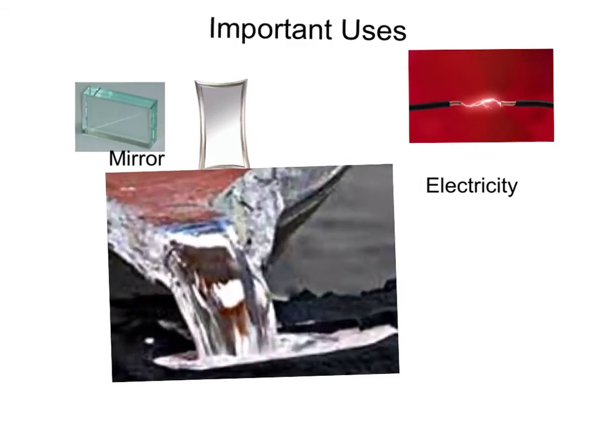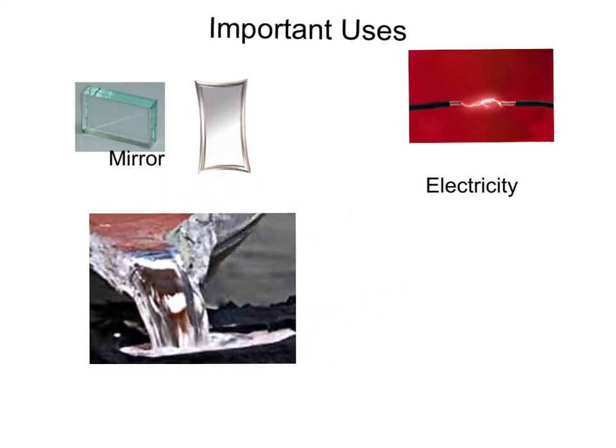And I've said before that gallium can melt down. That's how the mirror was formed. But yeah, this is a picture of melting alloys, and gallium would be inside of here also. So yeah, it's a component. And those were the 3 important uses that I chose that I thought were pretty interesting.